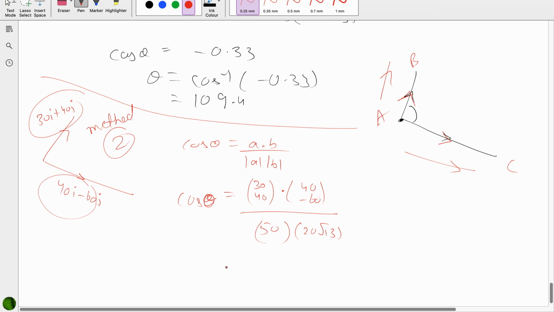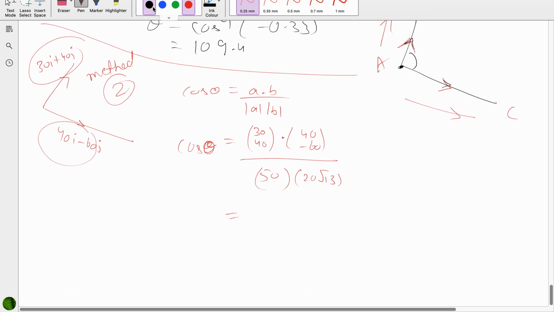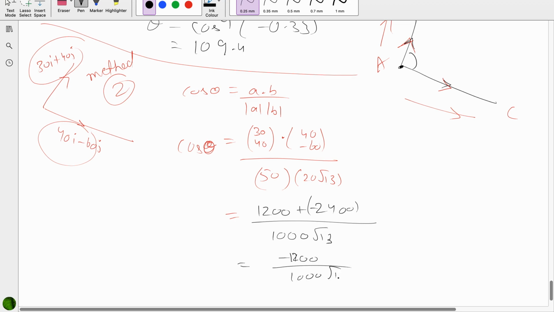So dot product of vectors. So 30 times 40 is 1200, minus 60 times 40... okay, so this is 1000 square root 13. I just hope we get the same answer. So minus 1200 over 1000 square root 13.